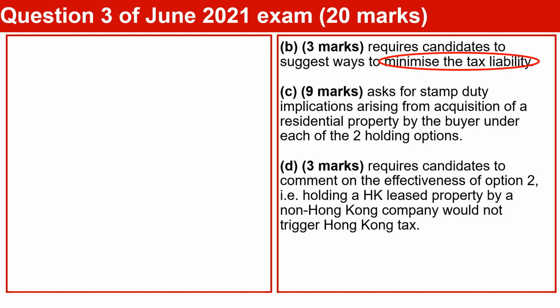Part B asked you to suggest ways to minimize tax liability. That implies that the current scenario must have some problems. What you should do is to identify the major problems before you can find out how to deal with them.